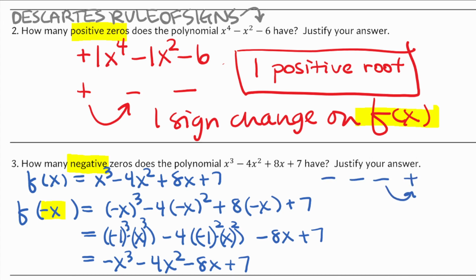That's also just one sign change, so that means one negative root on f of negative x, which is what I have to consider to do Descartes' rule of signs to determine the number of negative roots. So that means one negative root.